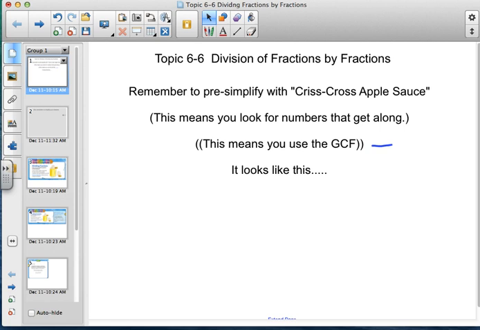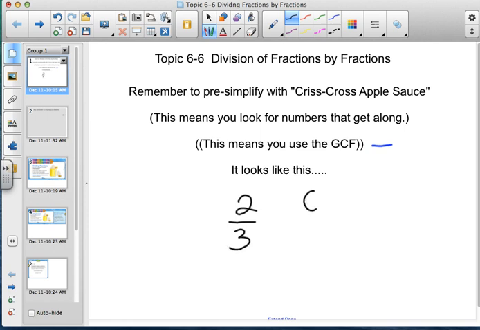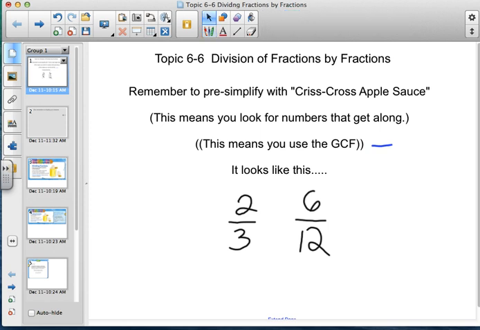Now, what it looks like is this. If I give you these two fractions, are there compatible numbers? Dana, are there numbers that get along in there? Which two numbers would you pair up first? No, you wouldn't 12. Remember we're doing crisscross, Dana. That's why we focus instead of looking at the floor.